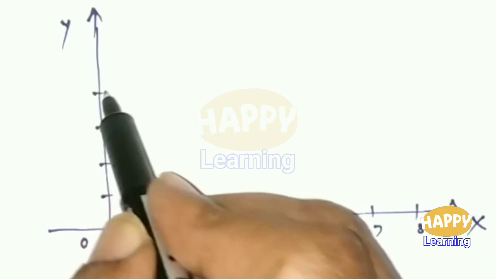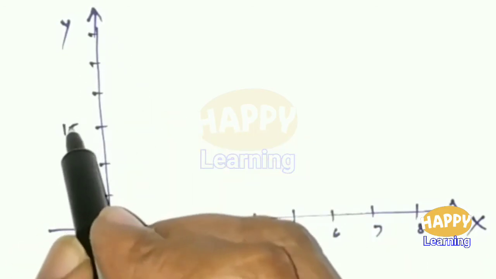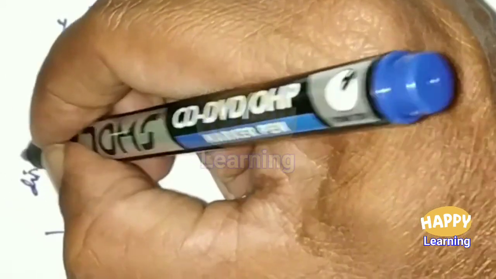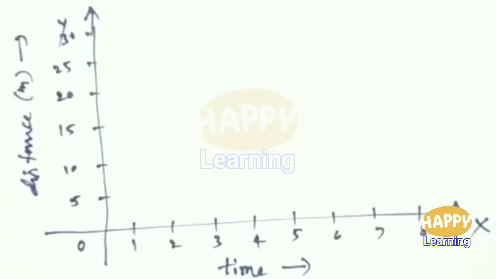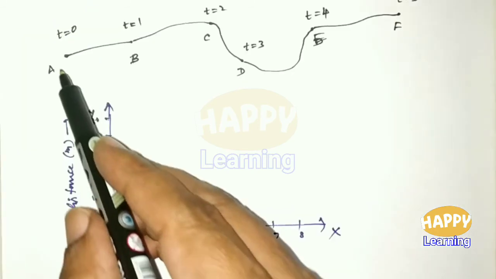Let us divide it. Let it be 5 meter, 10 meter, 15 meter, 20 meter, 25 meter, 30 meter, like that. So this is distance on the y-axis, measured in meters. Time is measured in seconds. Time is on the x-axis, distance on the y-axis.